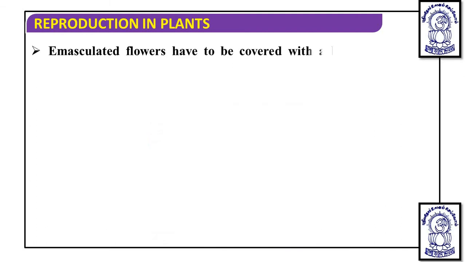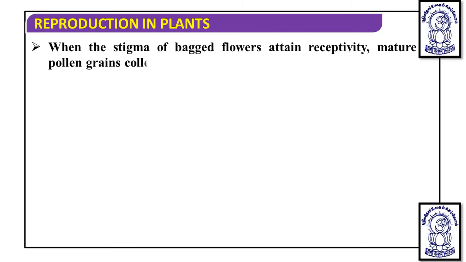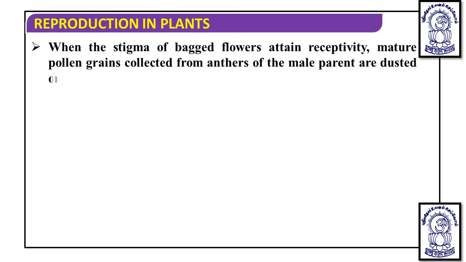Then these emasculated flowers have to be covered with a bag of suitable size, generally made of butter paper, to prevent contamination of the stigma with unwanted pollen, as we have studied. Then when the stigma of a bagged flower attains receptivity, that is, matures, pollen grains collected from the anthers of the male parent, what we call the desired pollen, are dusted on the stigma, that is dusting, and the flowers are rebagged.